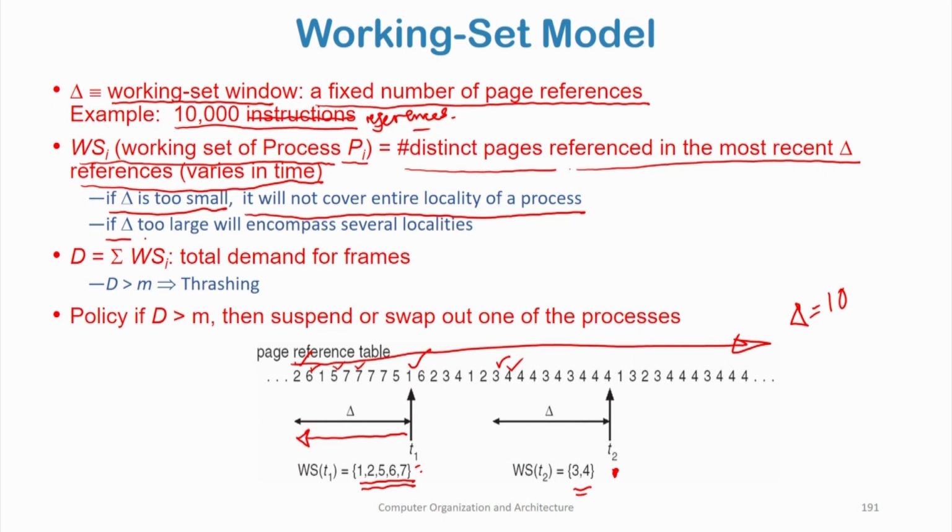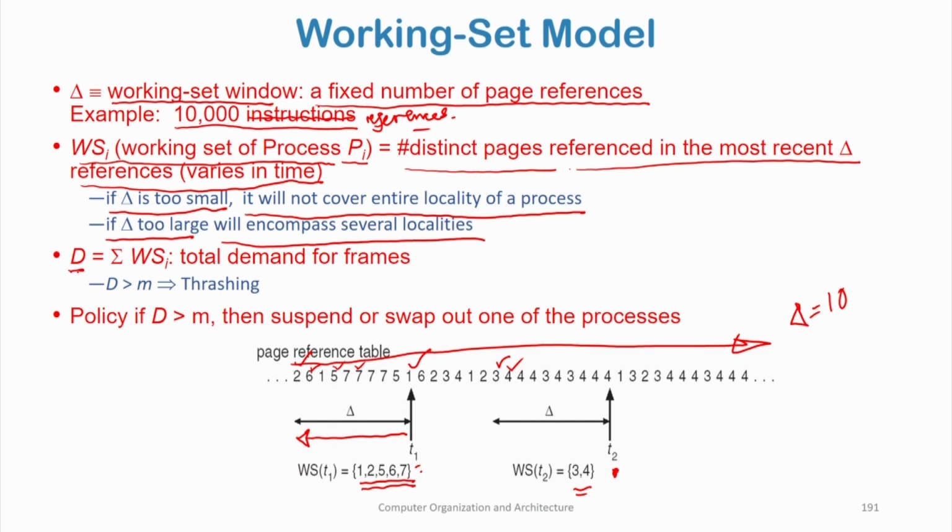On the other hand, if delta is too large, it will encounter multiple localities, and then I will uselessly allocate more frames to this process than it actually requires, maybe at the expense of other processes, because other processes may not get enough frames.